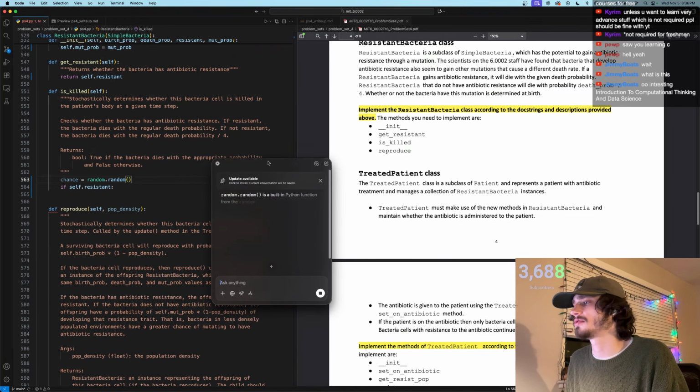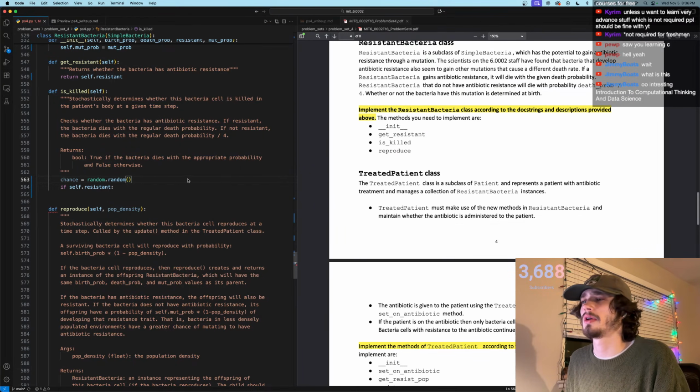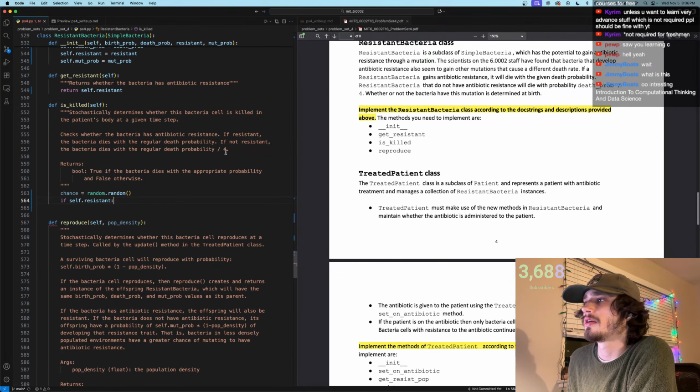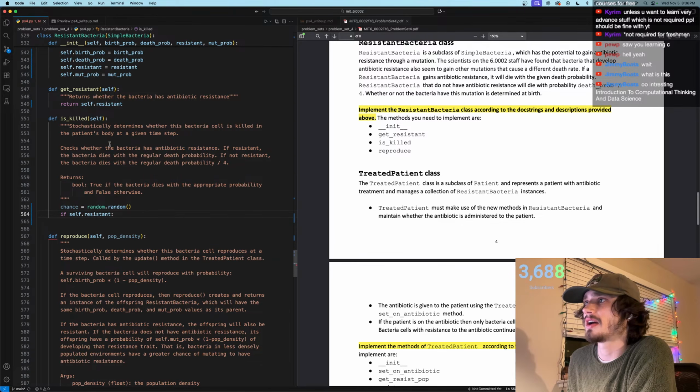Between 0 and 1. Yeah, perfect. Okay. So here's our chance. And then what we're going to do is say that, so the probability that it dies.